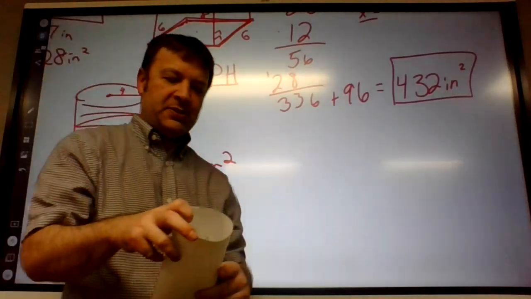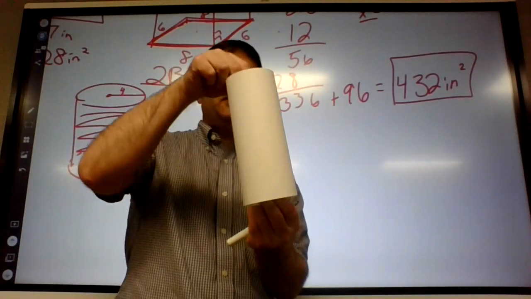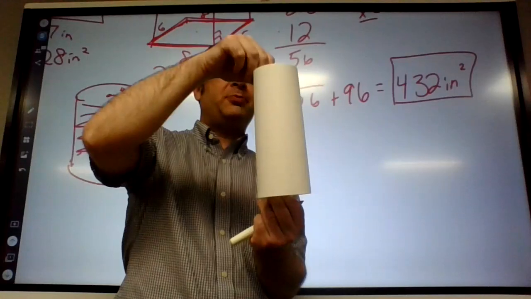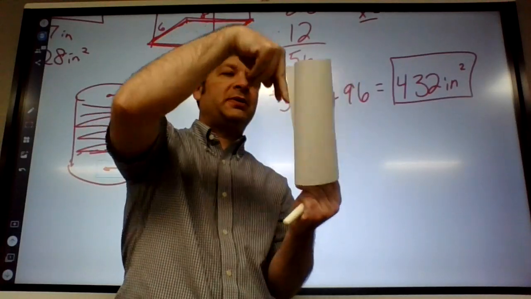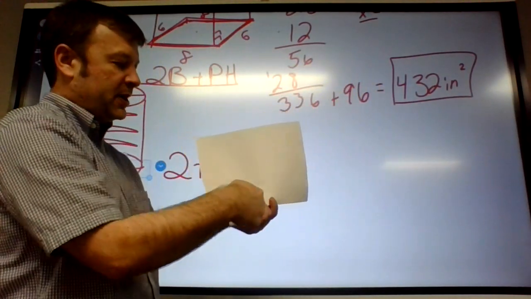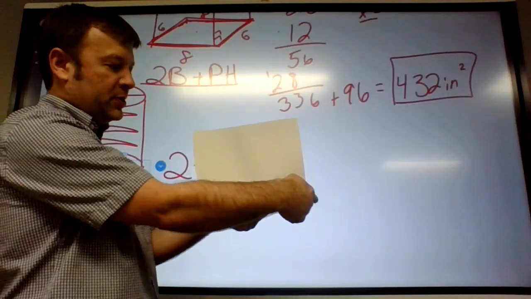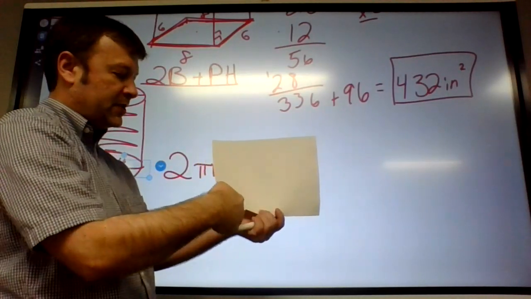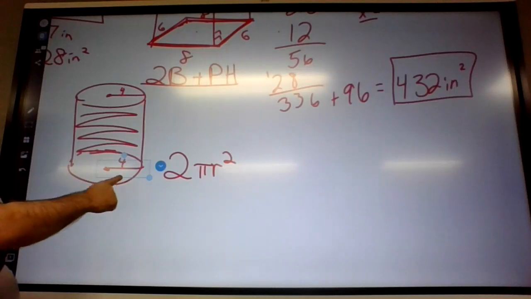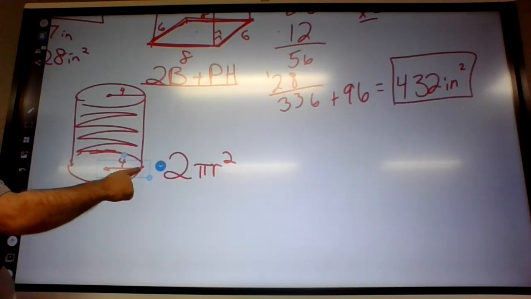Here's my cylinder. If I made a cut on the cylinder and unrolled it, what shape would it make? Rectangle. If I made a cut and unrolled it, it's a rectangle. And rectangles are just base times height, right? What's the length of this rectangle? It'd be the same as the circumference of this circle.